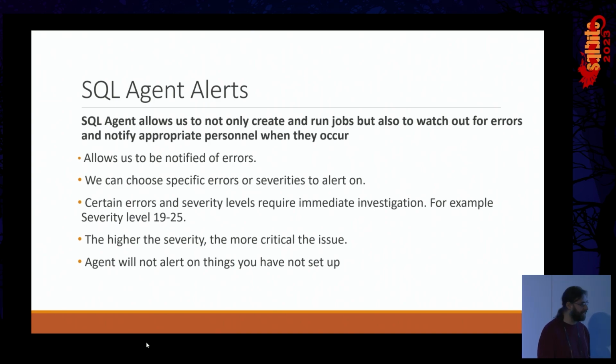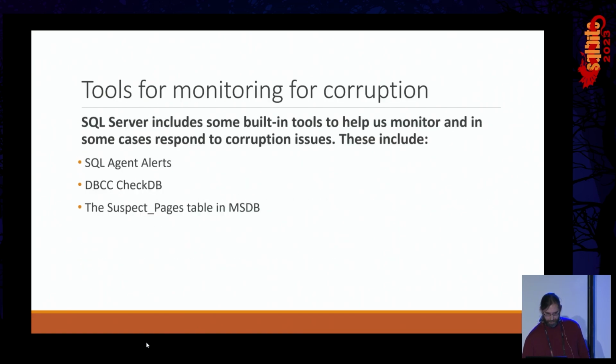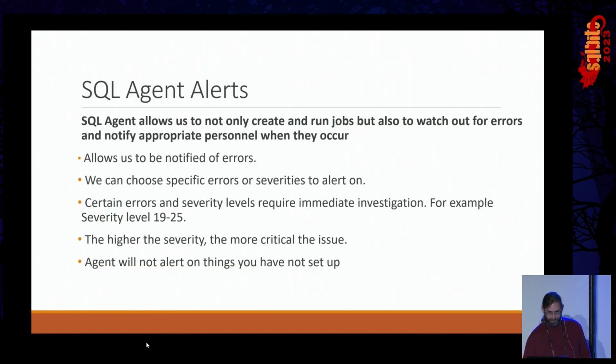The more critical it is. For example, a severity of 25, you've got a pretty good chance of having corruption at that point. You're probably having hardware failure. But none of this is set up out of the box. You have to create these alerts yourself, and we'll go there in a bit.